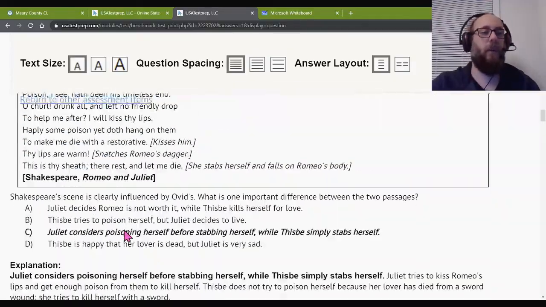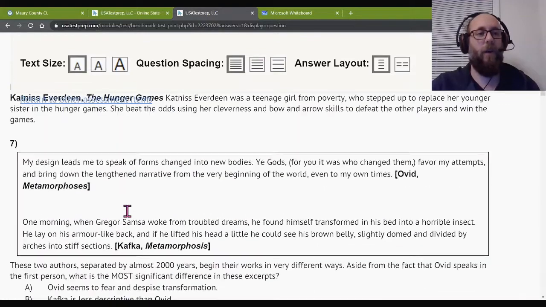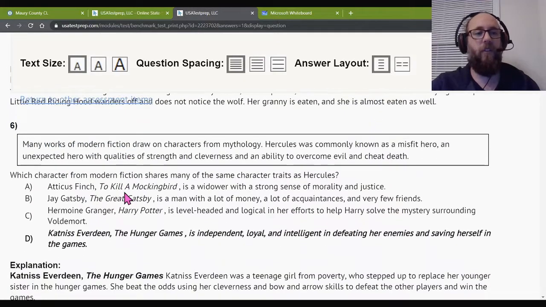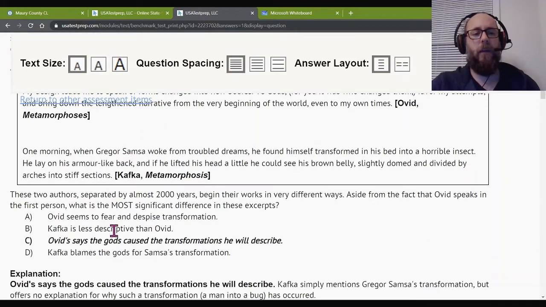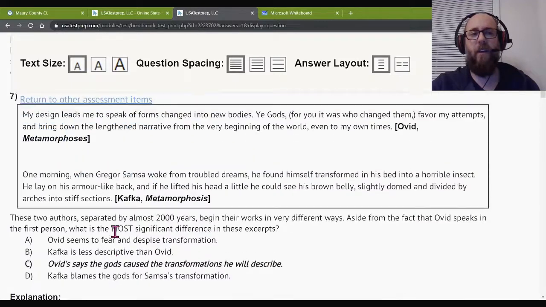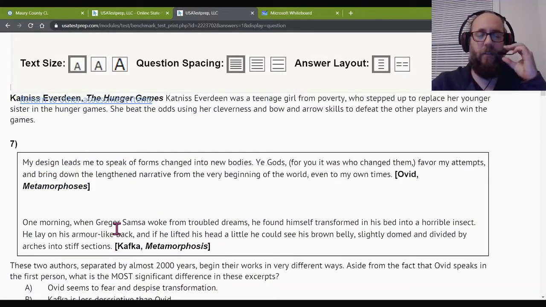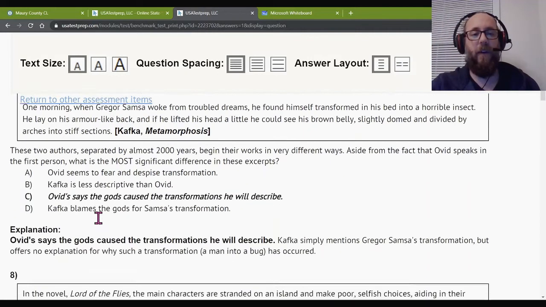You guys did really well on 6 through 11 as well. These were really comparing characters in well-known texts. And I was really happy that this went well because this is kind of a tricky thing.